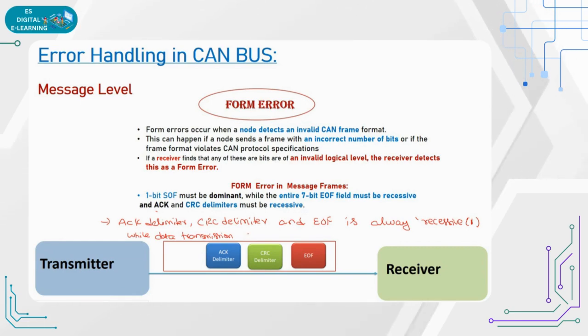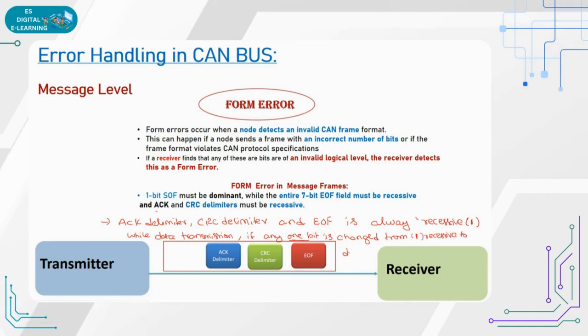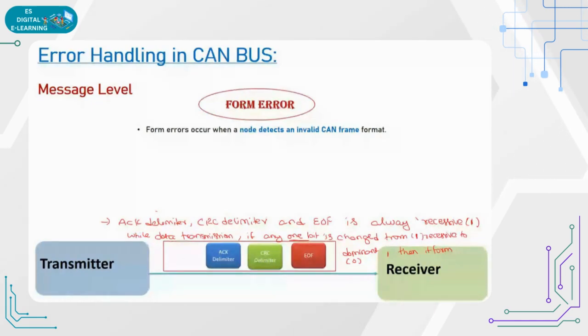Okay. So next point: if any one bit is changed from recessive to dominant, then it forms a form error.